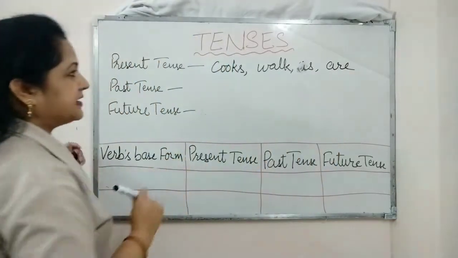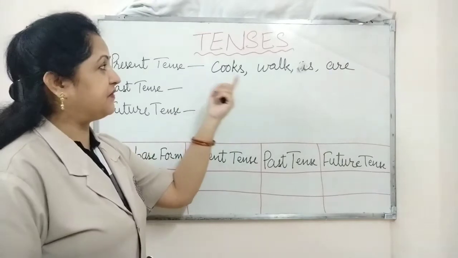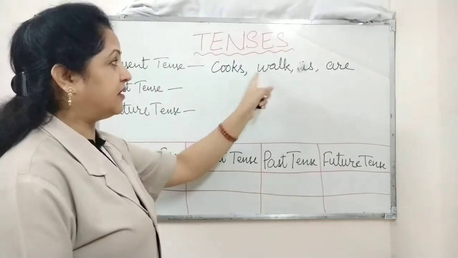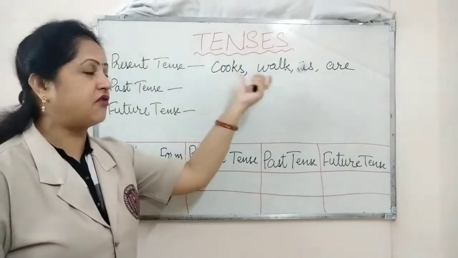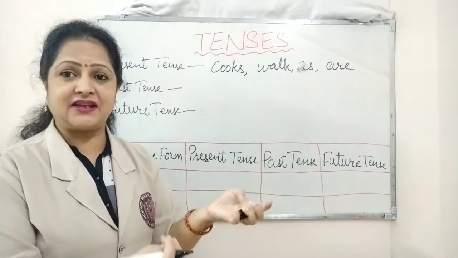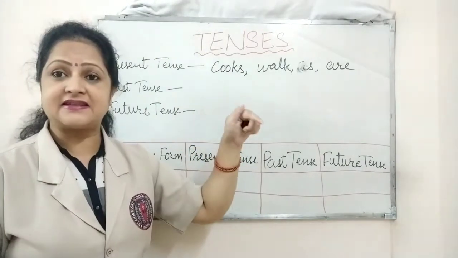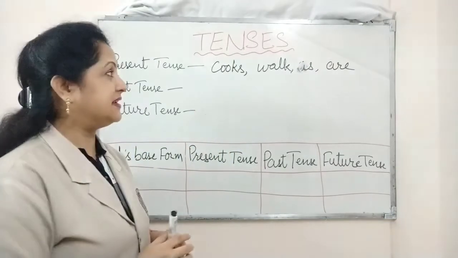So I have written here 4 examples of present tense. First here I have written cooks, whereas in the second present tense verb I have written walk. So why have I written cooks and walk here? To explain to you where to use s or es and where not to use s or es, let's see.